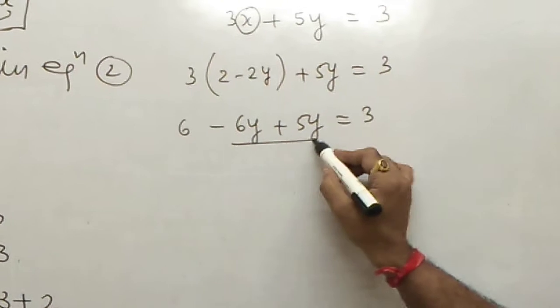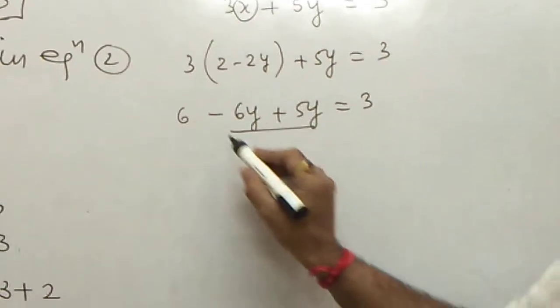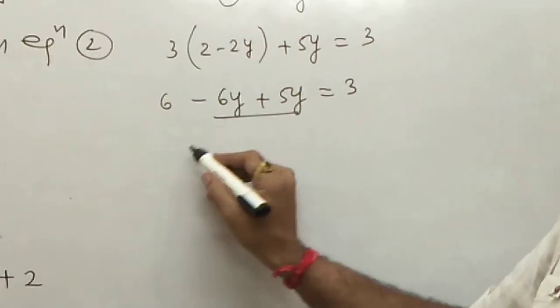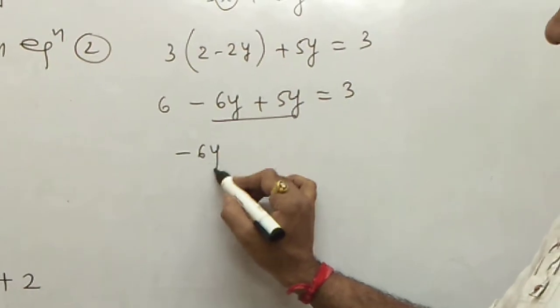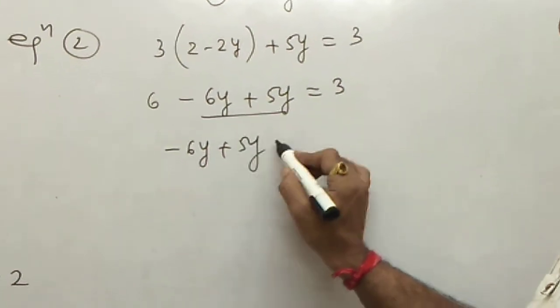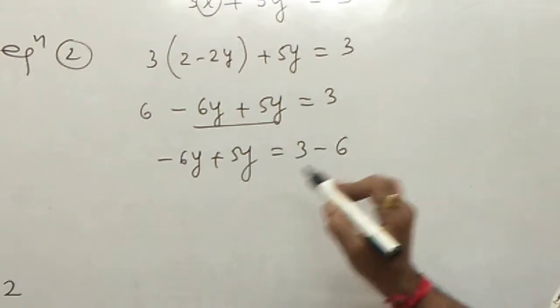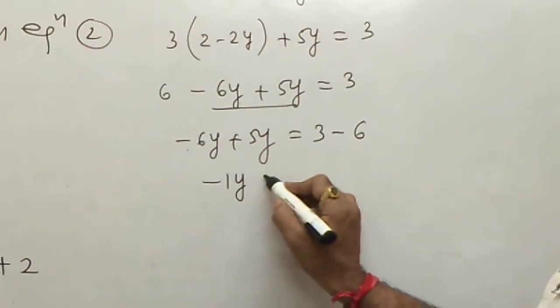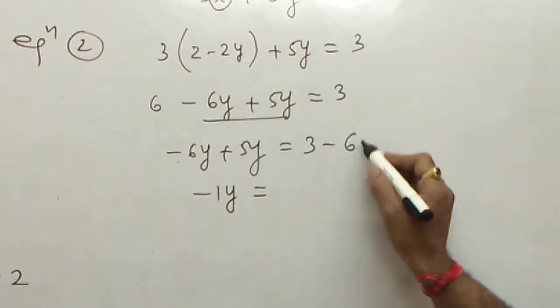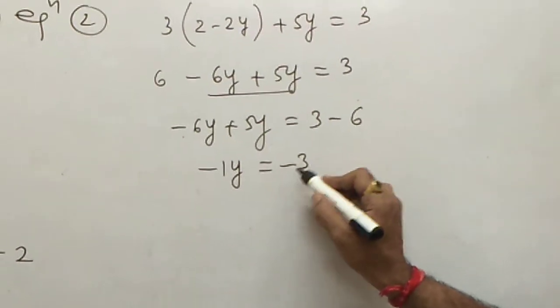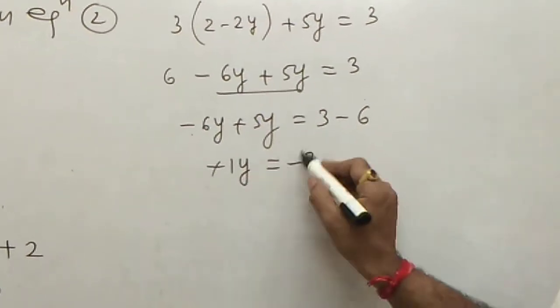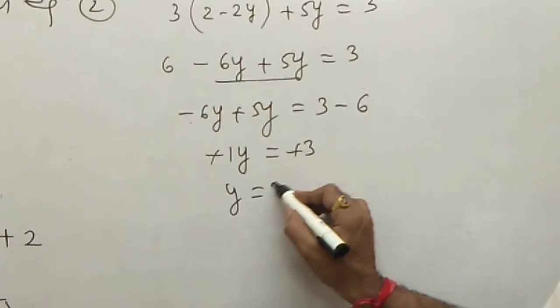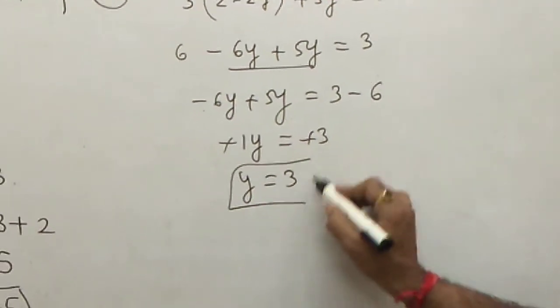Now we separate out the like terms: the y terms, and this 6 goes to the other side, so minus 6 plus 5y equal to 3 minus 6. Minus 6y plus 5y, so minus 1 is remaining here, and here again the value is negative, so minus minus cancel out, so y equal to 3. You got the value of y, that is 3.